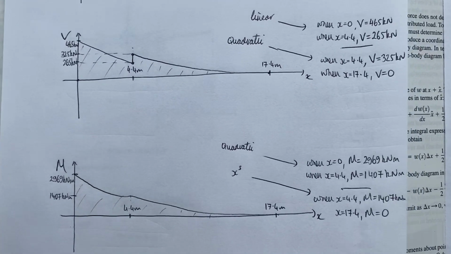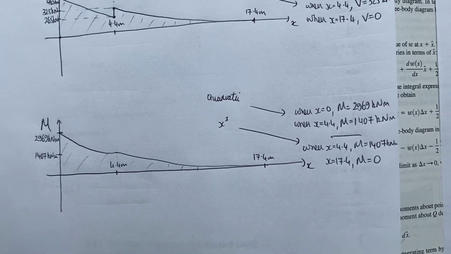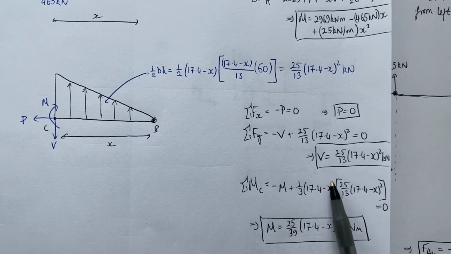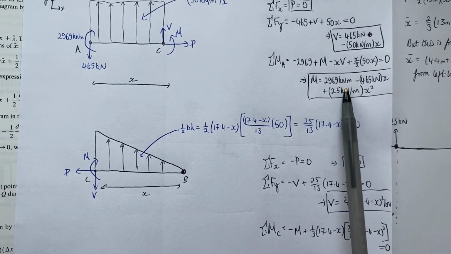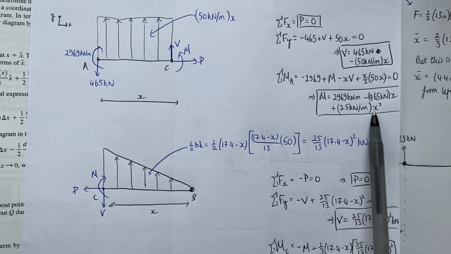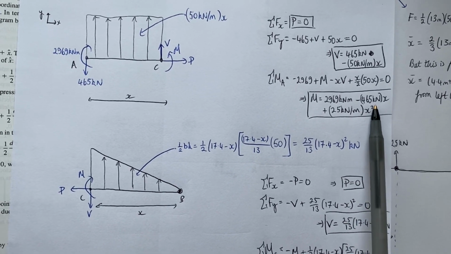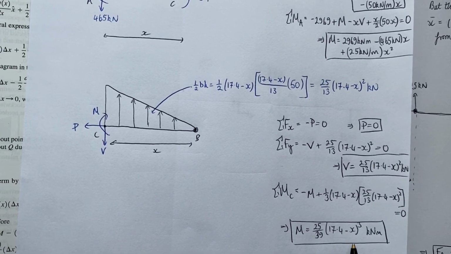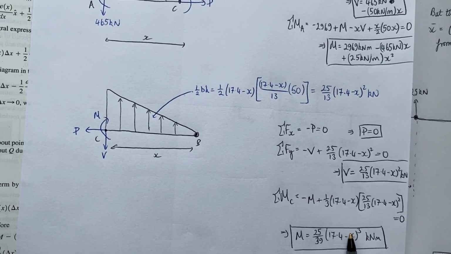And finally then, if we take a look at the bending moment, so we found over here that the bending moment between x equals 0 and x equals 4.4 meters is a quadratic shape, and the bending moment between 4.4 and 17.4 meters is a cubic shape.